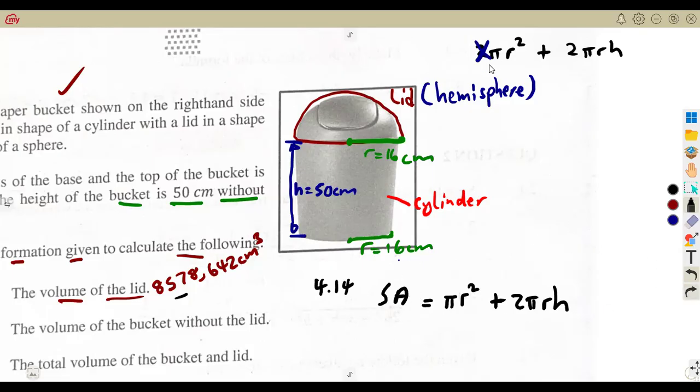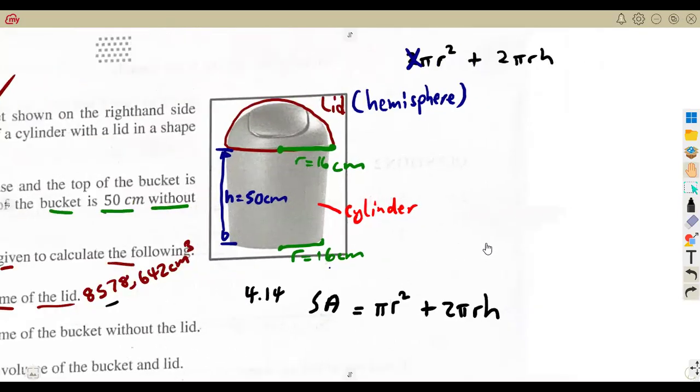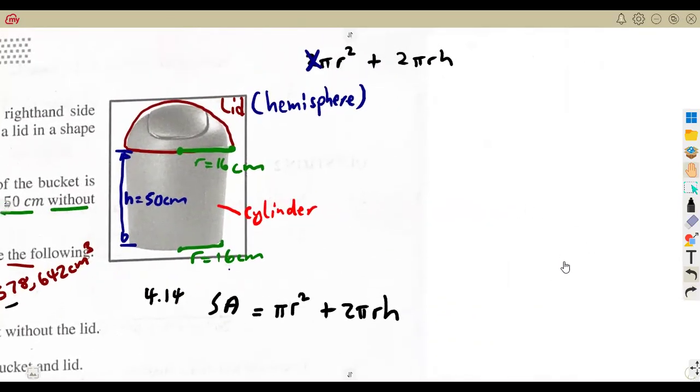What about that part that we removed here? What are we going to replace it with? We replace it with a hemisphere here. How do you calculate the surface area of a hemisphere?